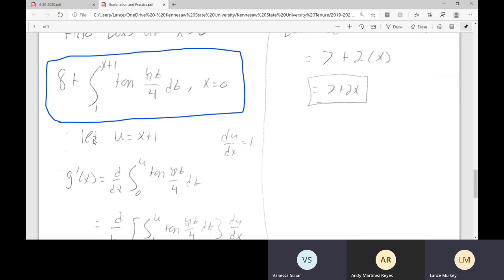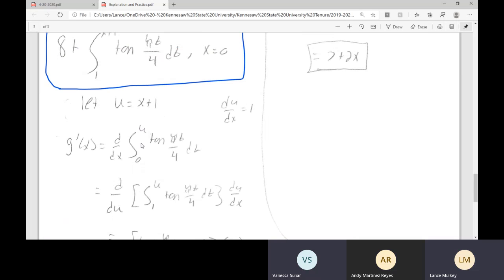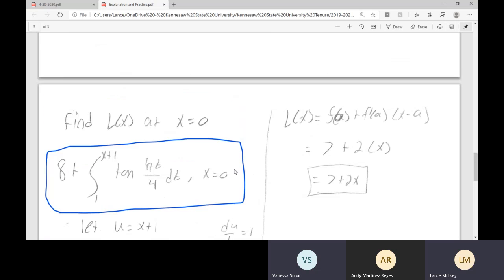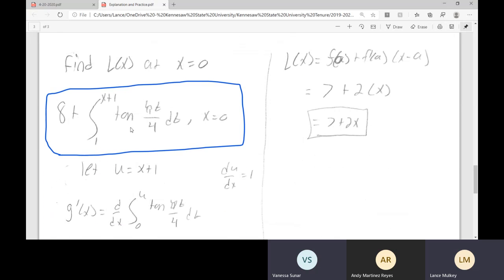But I'd let u equal x plus 1, so du/dx would equal 1. So d/dx, this is the first part. I don't know if this is right. But the linearization, or linear approximation, isn't hard. It's this guy right here. It makes it so hard.